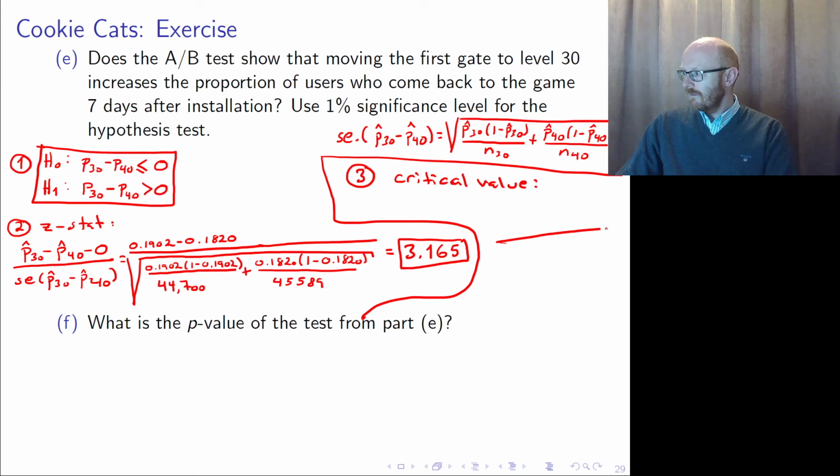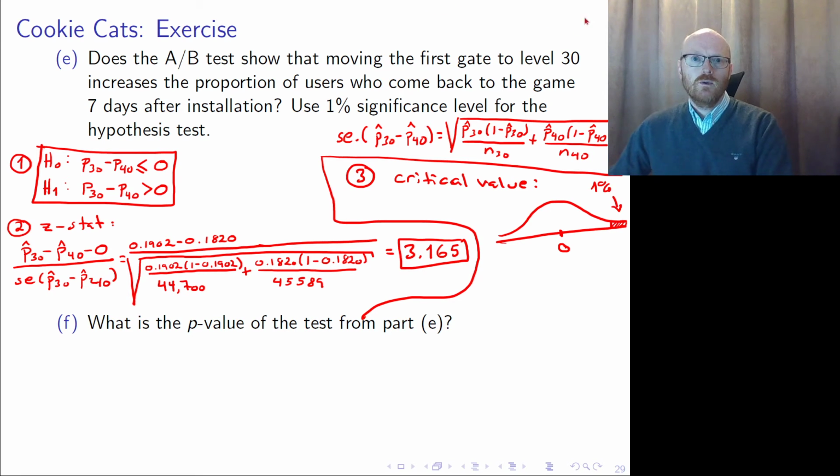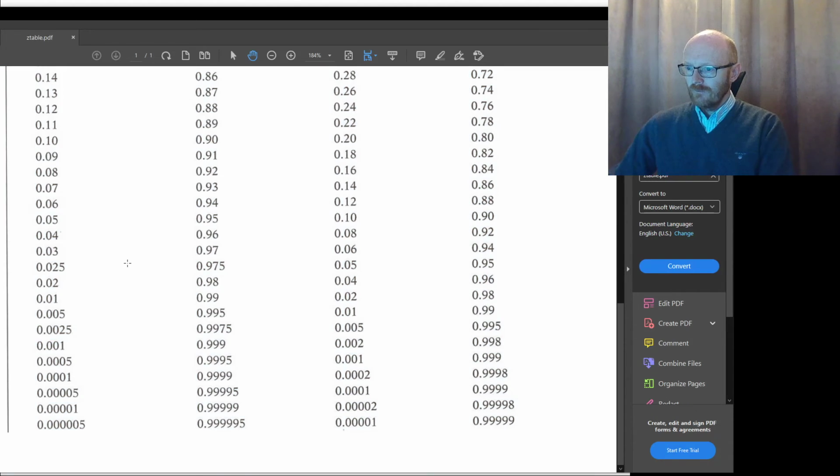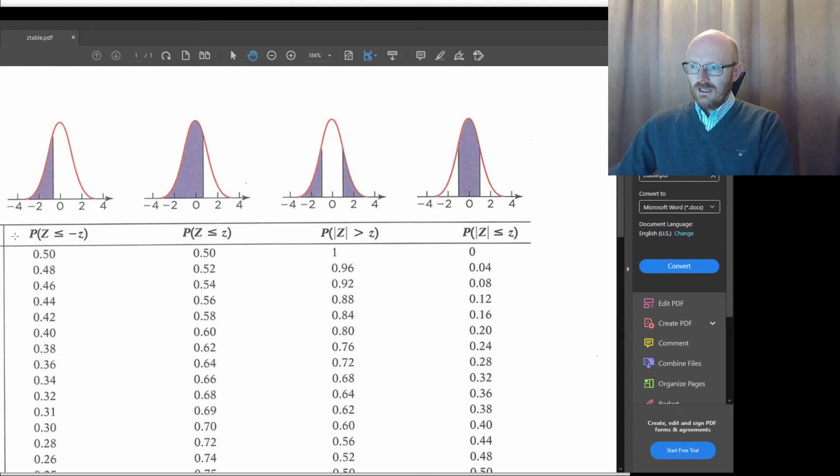So what we know is that the normal distribution is as such, and it's centered at 0, and the area over here should be 1%. Okay, 1%. And what we can do is look at the z table here, and this is the z value.